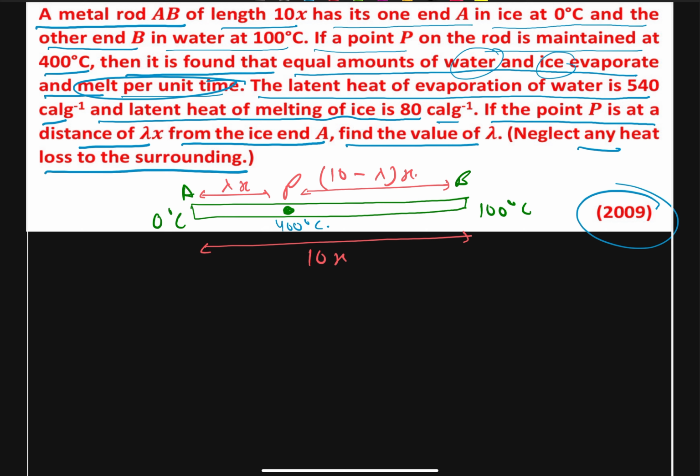So first of all, we have two segments here, AP and PB. Okay. A is at 0 degree centigrade and P is at 400 degree centigrade. Okay. And PB is our other segment.